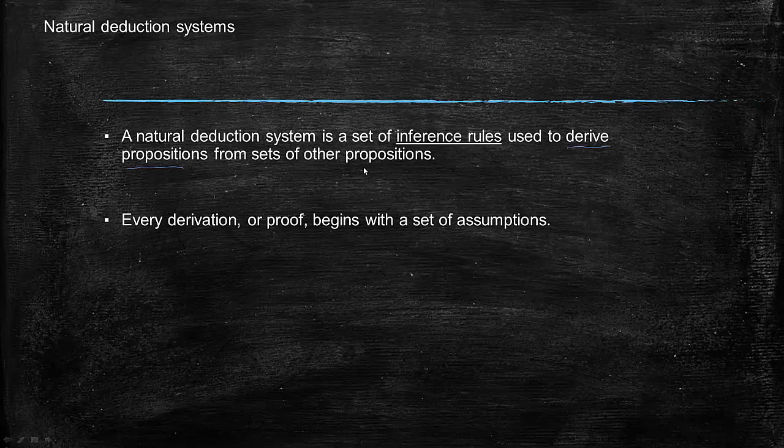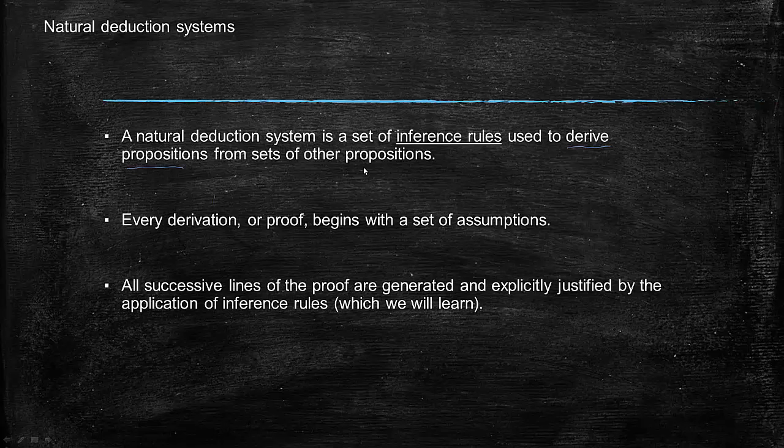So every derivation or proof begins with a set of assumptions, which is similar to refutation tree rules. And all successive lines of the proof are generated using inference rules, and inference rules are analogous to the rules that we use in a refutation tree system, but they're different rules.